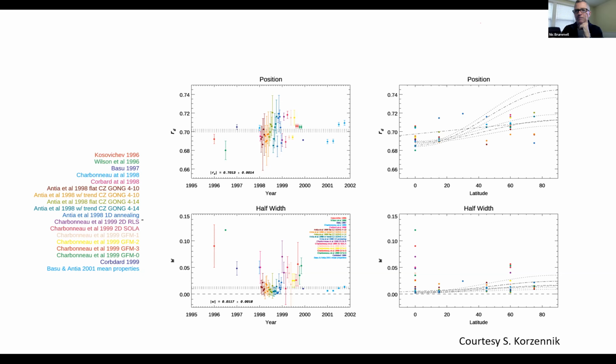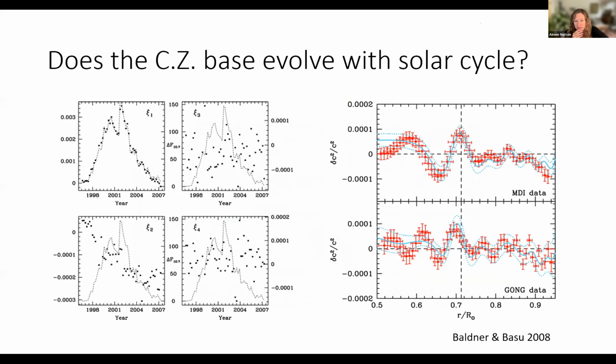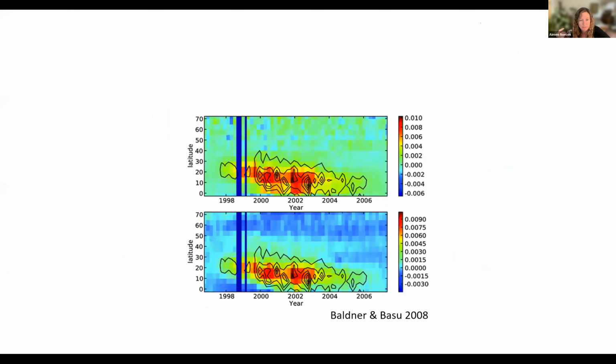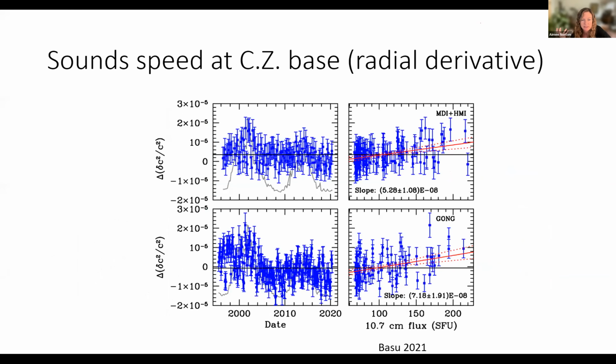Amy, I see your hand up. Hi, good morning. Yeah, I had a question. You showed some data that the results might be dependent on the amount of activity, and I can't really visualize what that would look like. Can you tell us what that might look like in terms of what's physically happening? So do you mean the thermal changes or the dynamical changes?